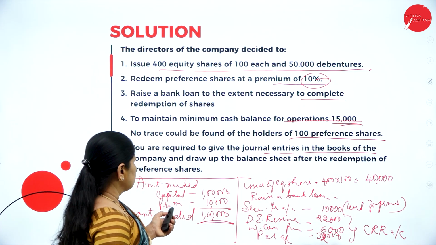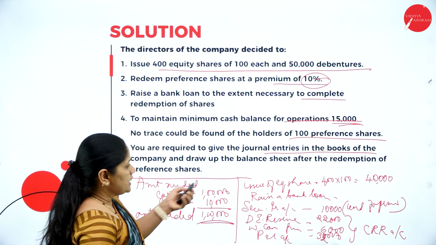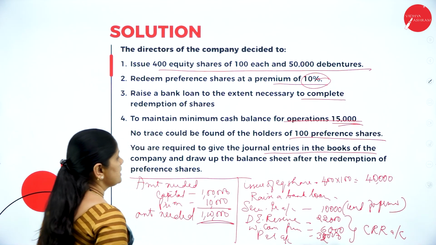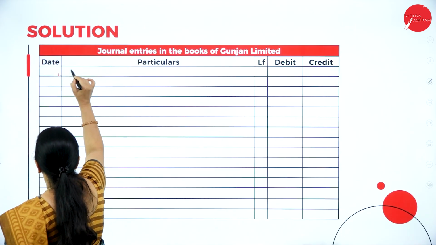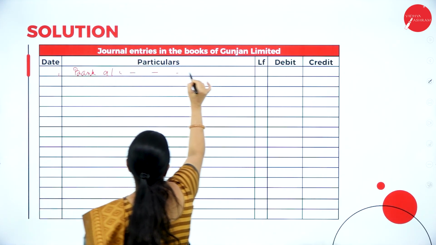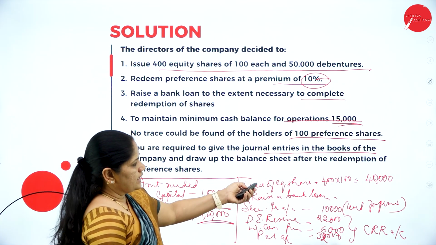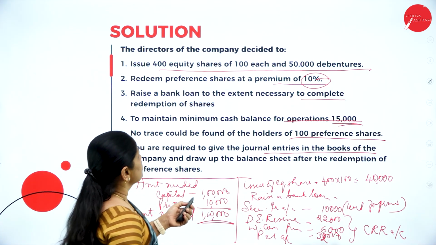Now we will write all the journal entries. The first journal entry for issue of equity shares. So what is the issue of equity shares? First one, bank account debtor. How many shares we are issuing? 400 shares of rupees 100 each.